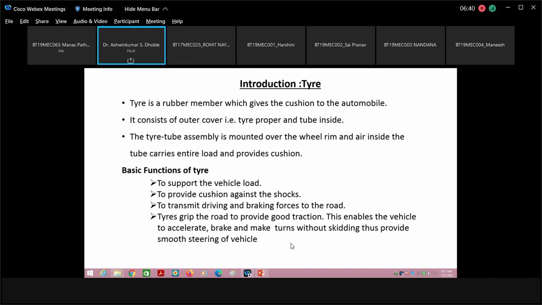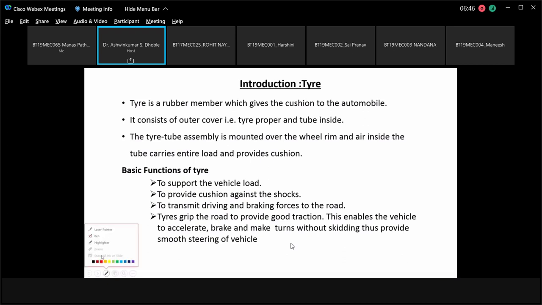So the air inside the tire is taking all the load. Air being a compressible fluid, it is going to take the complete load of the road shocks, the passenger weight and the vehicle weight.